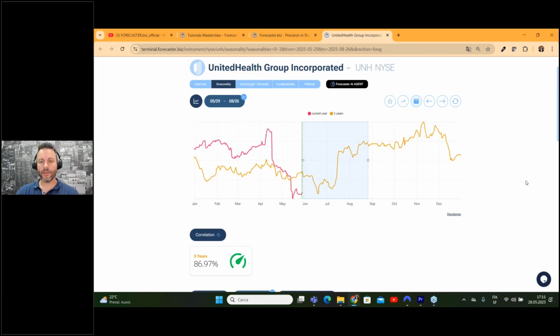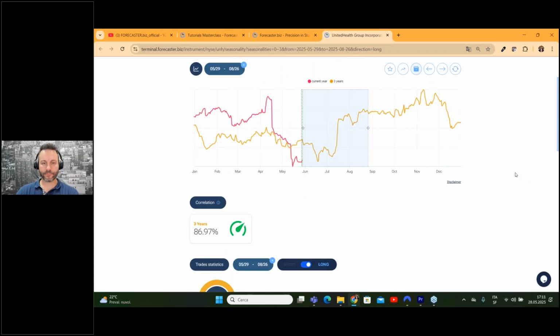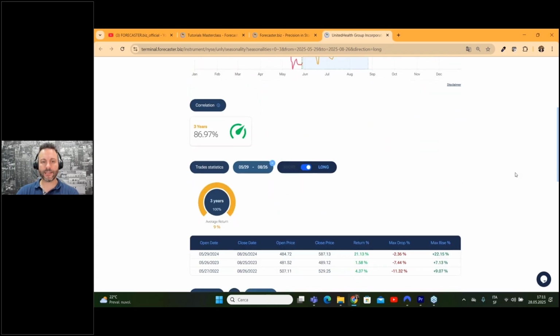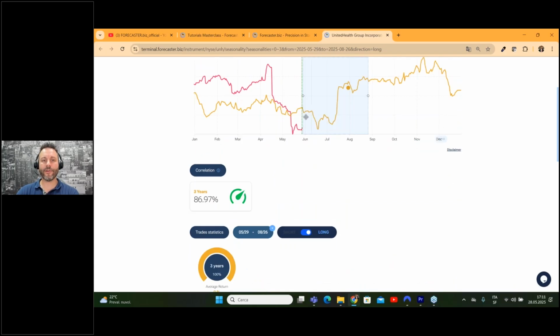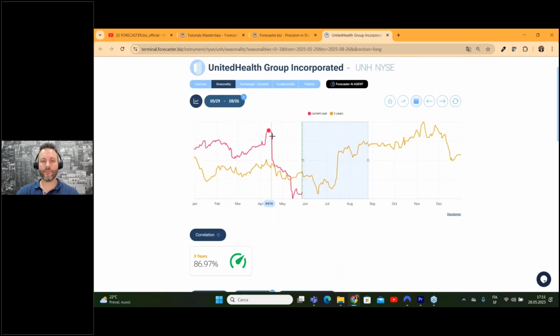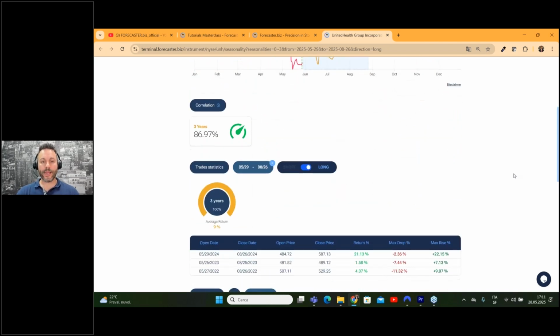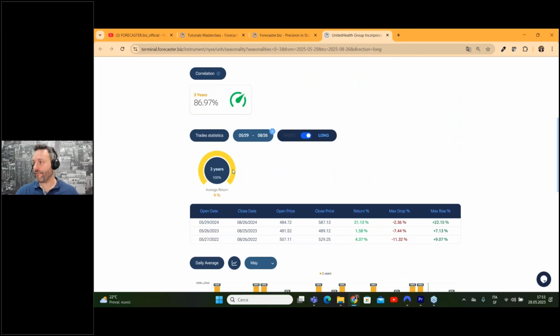Okay? So here you have all the statistics. If the price right now is moving like it did in the past, we can expect something like the price did in the last 3 years.